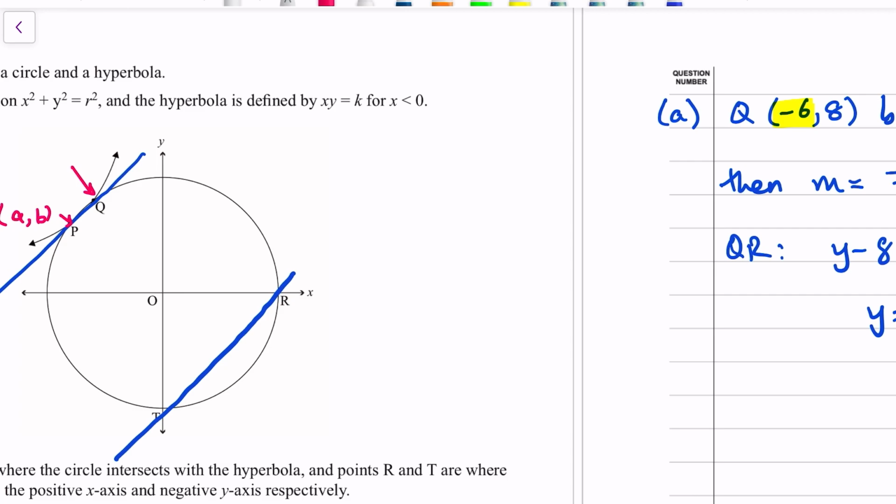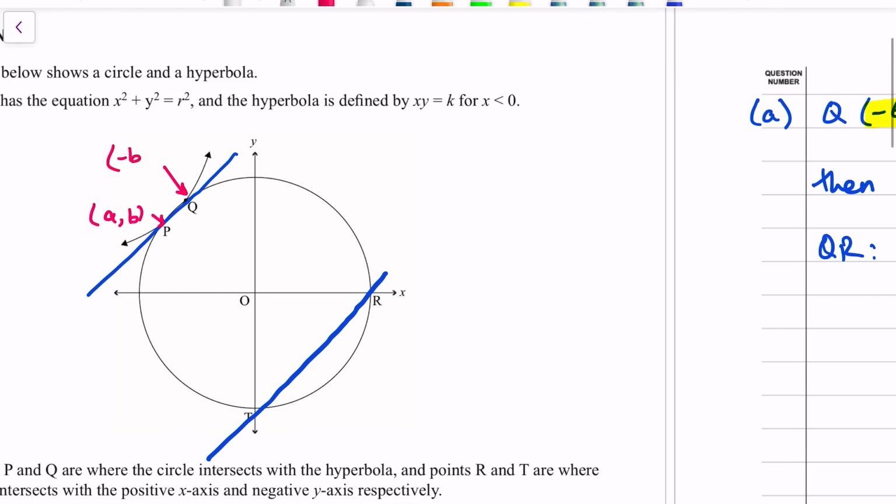When our x value was negative 8, the y value became positive 8 for the Q value. So it's going to be (negative b, negative a). That's our coordinate for Q. Whatever the b value is for P, in the first case it was 6, well, the x value is going to be negative 6. And same for the y value switched around.